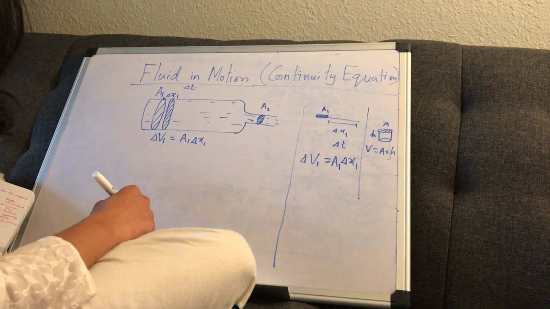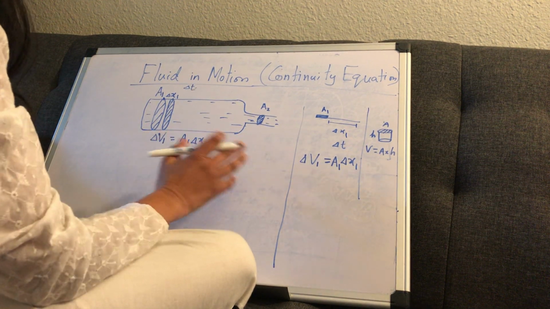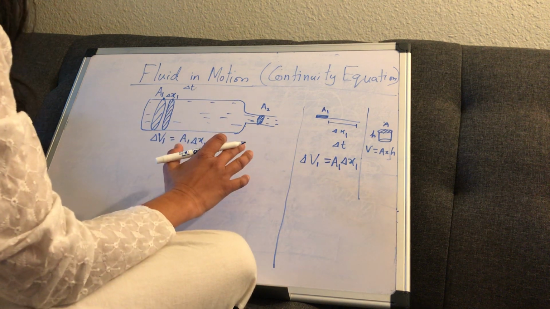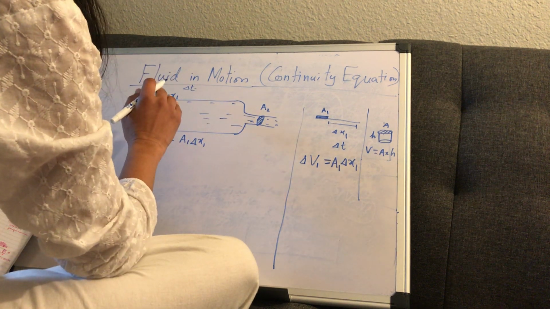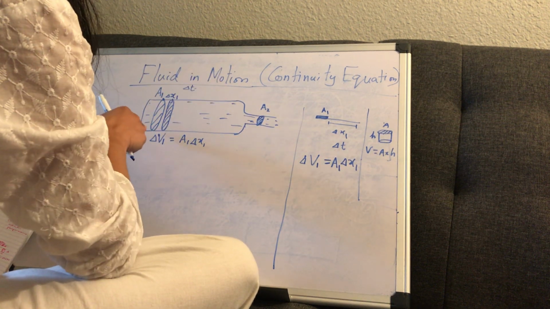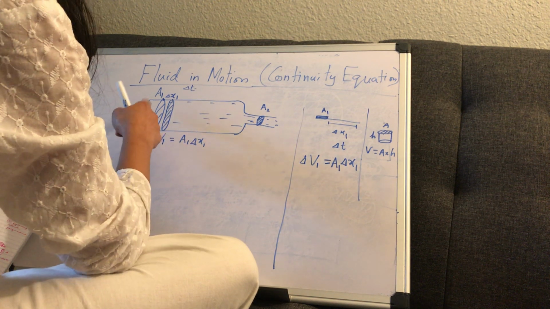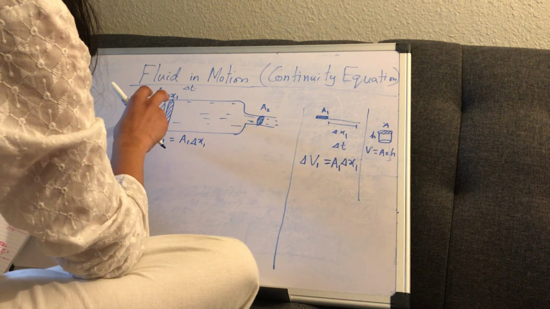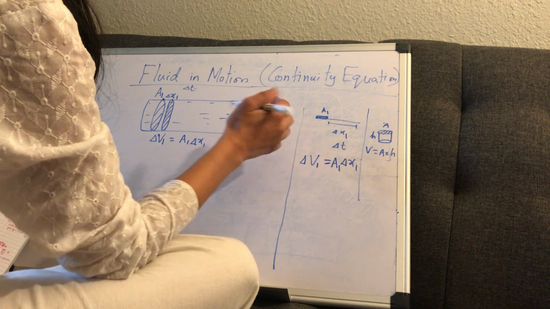Now this is an ideal flow. Here we are considering this fluid is flowing under ideal conditions, or this is an ideal fluid, right? So in that same duration, from the start to the time it took this volume element to reach here, the same amount of fluid must be flowing through this part also.